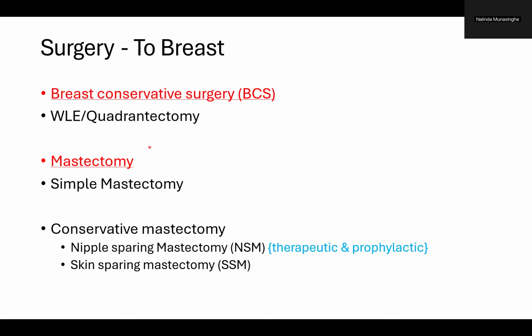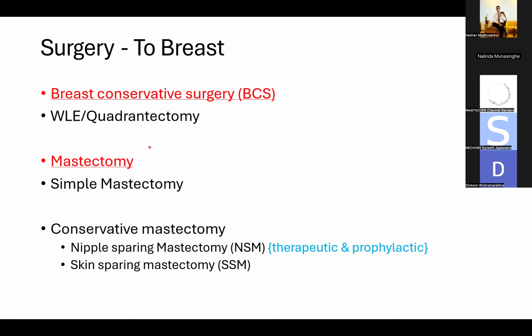It's a very high morbidity, mutilating surgery. But that was the understanding at that time, to debulk as much as possible. Over the years, breast cancer surgery has evolved so much that we no longer practice that sort of mutilating surgery, even for an advanced cancer.